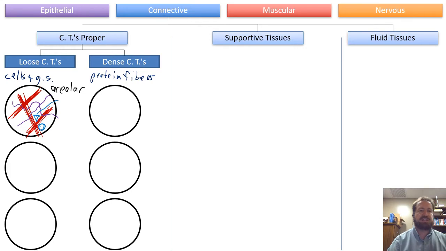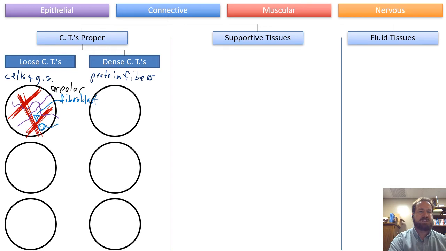One type you'll find in all of the connective tissues proper is a cell called a fibroblast. Fibroblast, builder. This is a cell that wanders around your connective tissues, rebuilding damaged fibers.